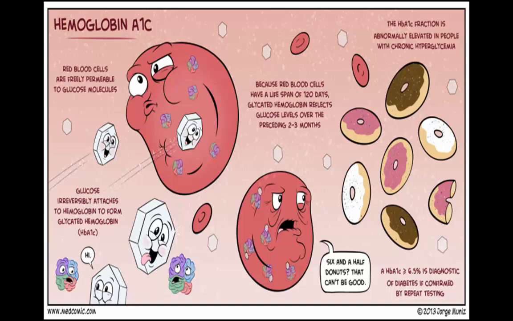So the fraction of this glycosylated hemoglobin is the one that you are basically testing, and that serves as a marker of the average blood glucose levels over a period of 3 months. In diabetes mellitus, a higher amount of glycosylated hemoglobin indicates poor control that has been associated with high risk of cardiovascular disease, nephropathies, and retinopathies.